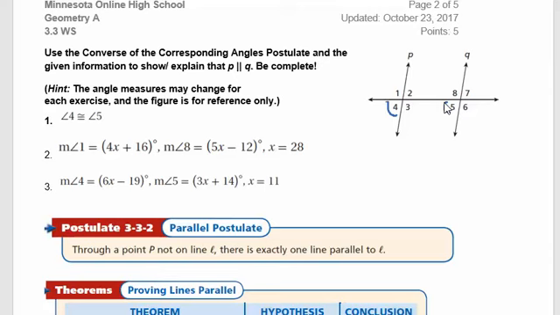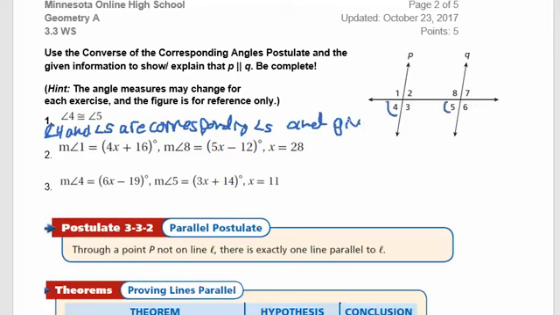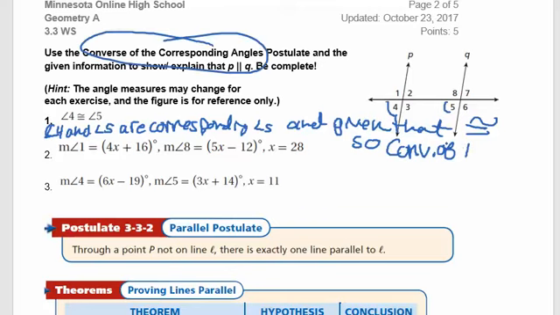So for the explanation to show that P is parallel to Q, you would write, angle 4 and angle 5 are corresponding angles, and given that they are congruent, so by the converse of the corresponding angles postulate, P is parallel to Q.